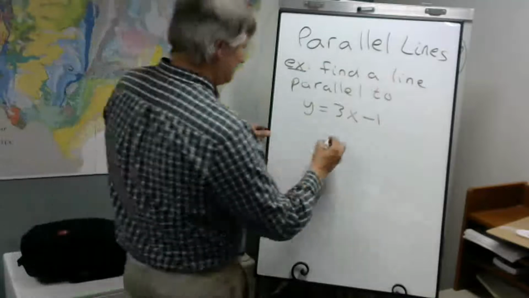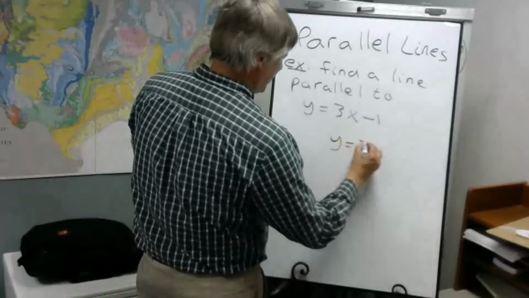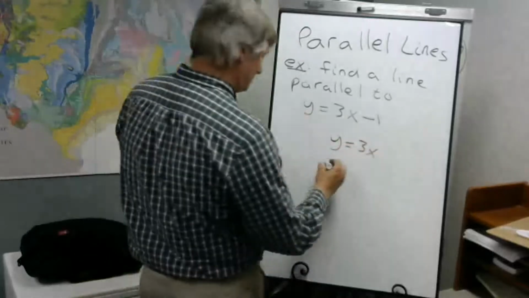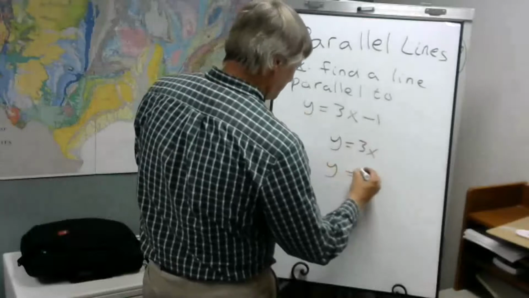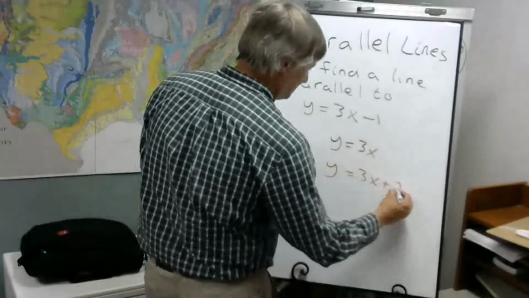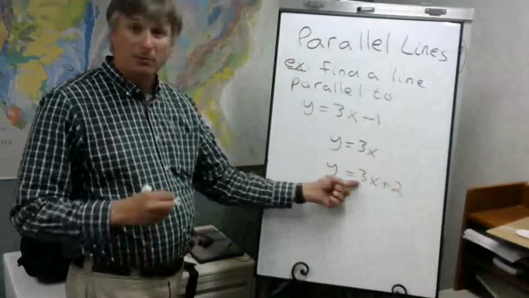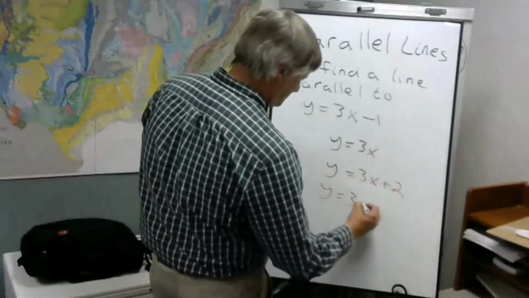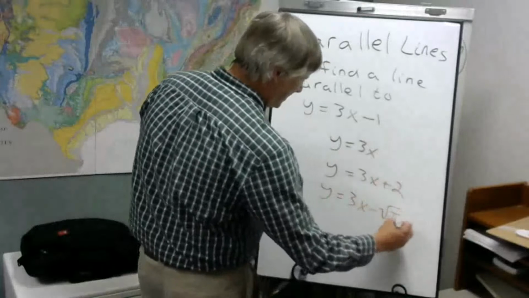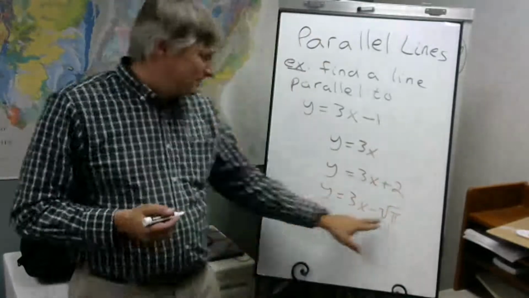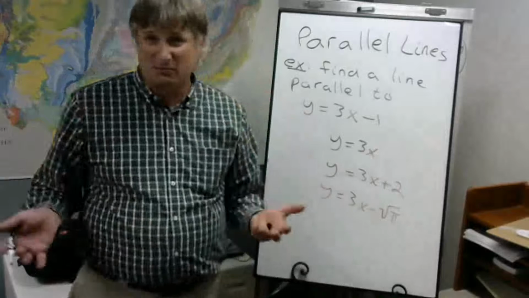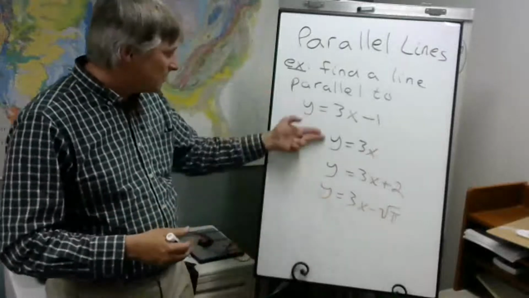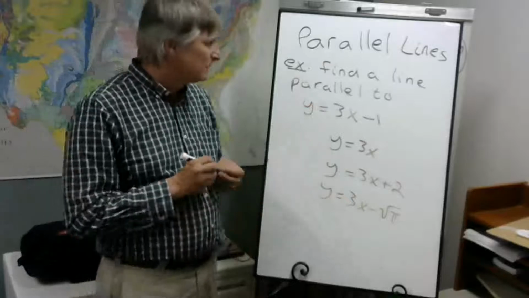So, for example, y equals 3x. Both have a slope of 3. y equals 3x plus 2. Again, slope of 3. y equals 3x minus the square root of pi. Again, different y-intercept means we've got a different line, same slope. So these are all parallel lines.